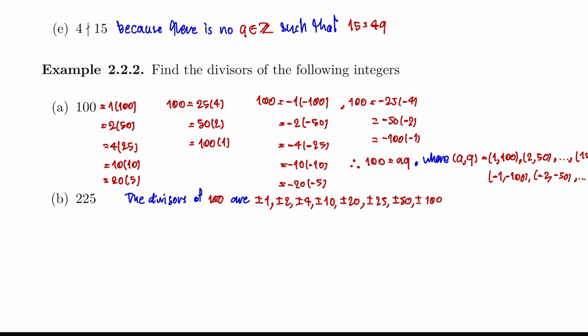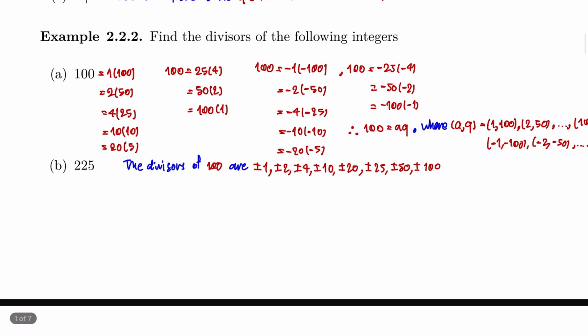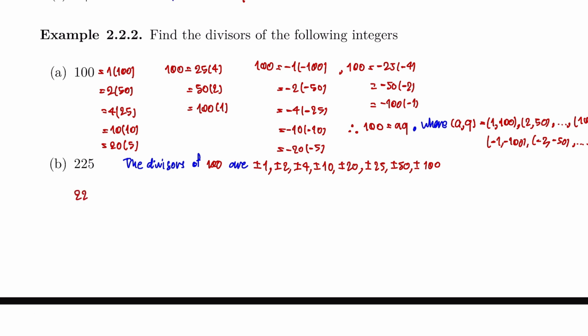Now let's find divisors of 225. So 225 turns out to be 1 times 225. The next one is the number 5. It's 5 times what number? 45. We might use the number 9. So 9 times which number? 9 times 25.